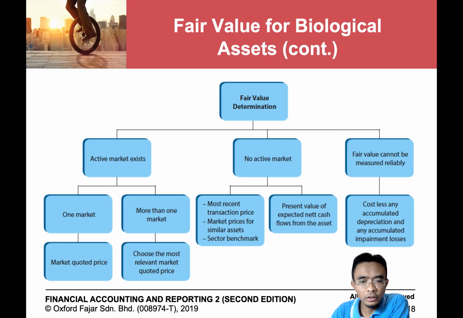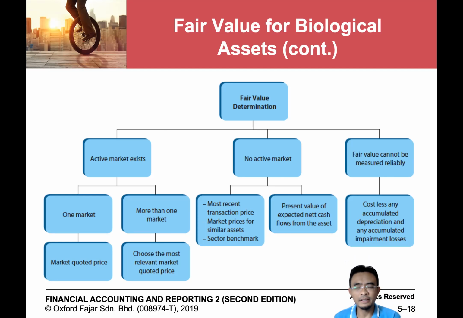If we have more than one market, meaning we can sell our product to multiple markets, where there is more demand, local as well as overseas, then we choose the most relevant market quoted price. This is common sense.